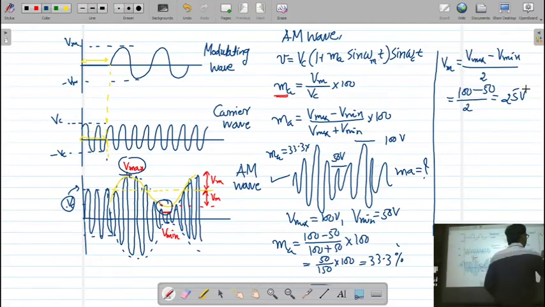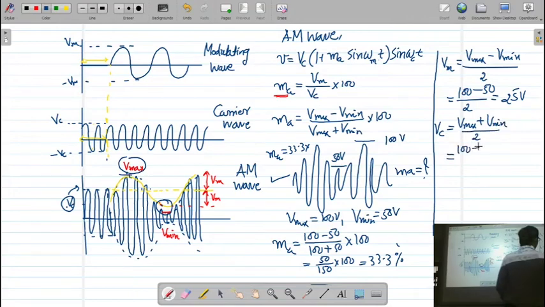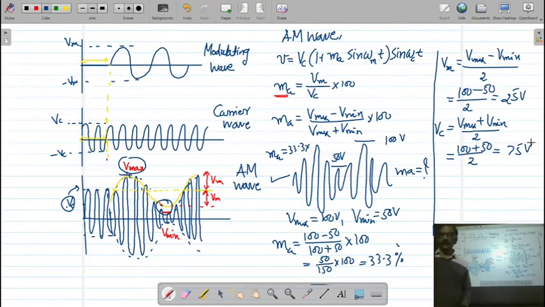Now if you want to calculate the carrier wave amplitude, then for that it is V maximum plus V minimum divided by 2. So 100 plus 50 divided by 2, and that is 75 volt.